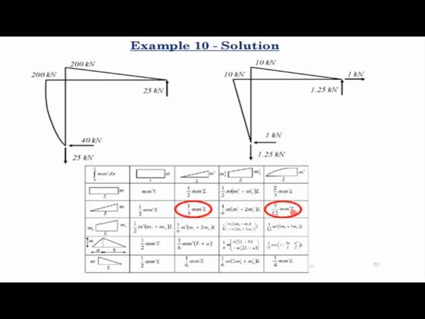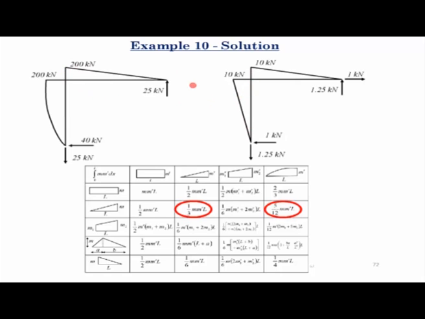So the formula would be 5 by 12 m m dash L, where m is the peak value of the moment due to the triangular distribution, and m dash is the peak moment due to the quadratic distribution, or vice versa. It does not matter which one you assign as m and which one you assign as m dash, but this is the formula that you will be using for calculating the deformation due to the bending in the vertical member.